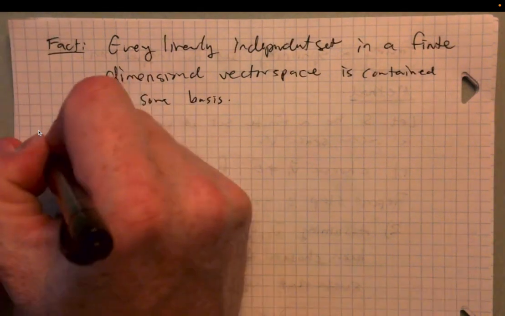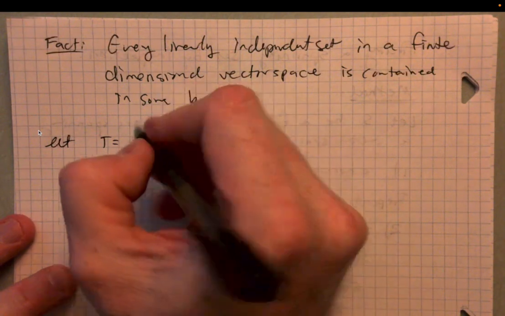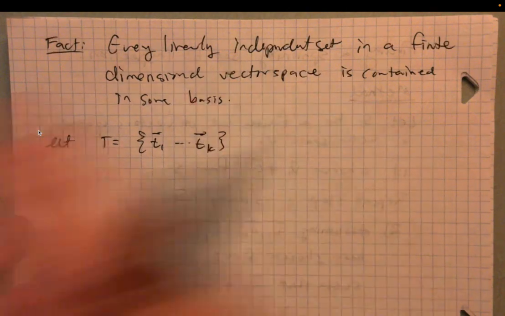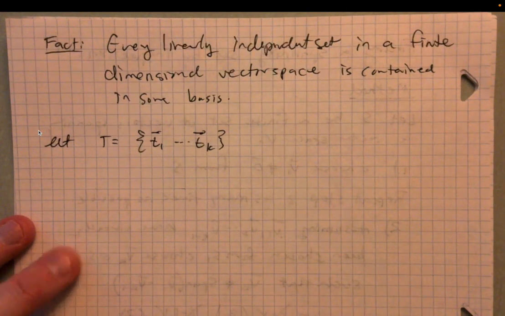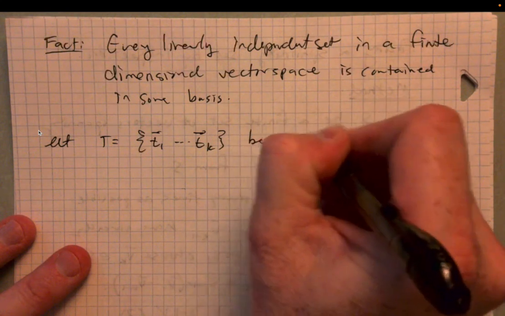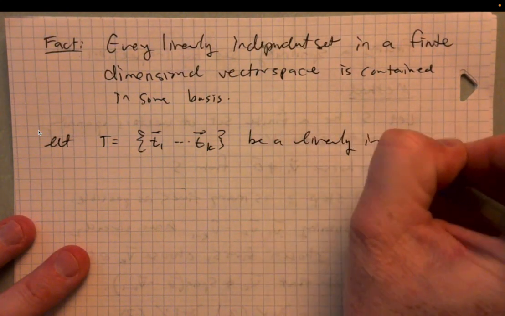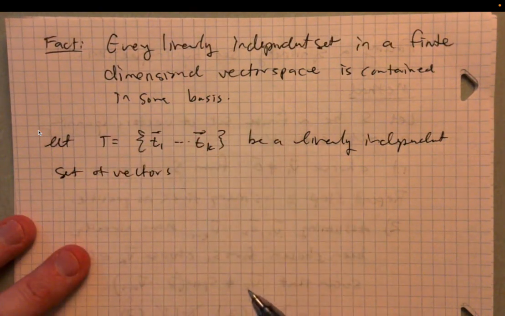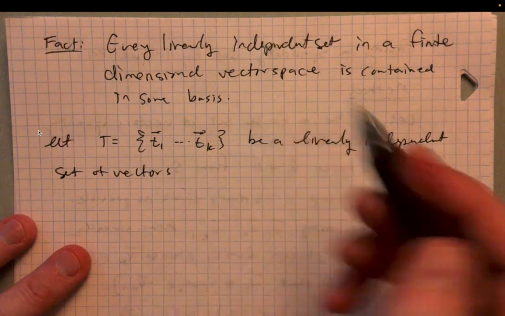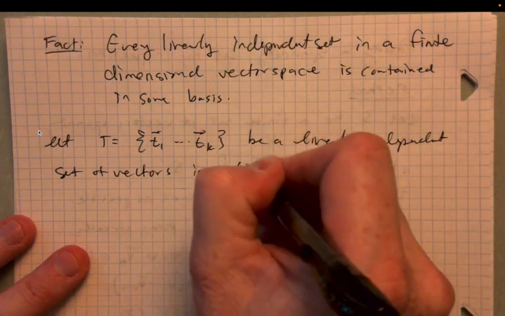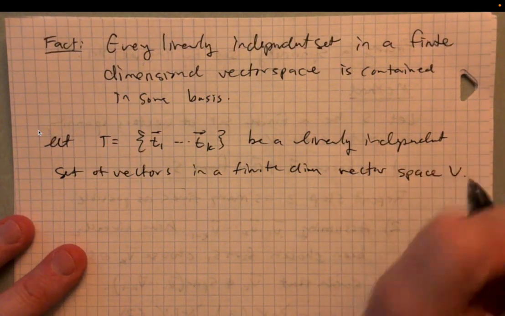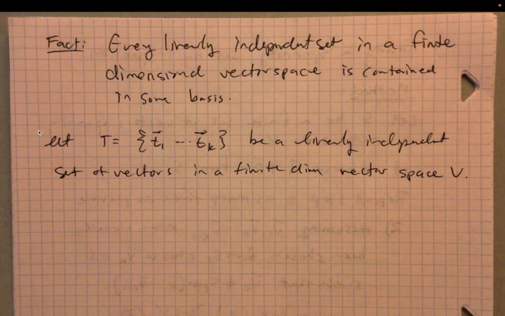So let's let T equal the set T1 through Tk of vectors. And we're going to let T be a linearly independent set of vectors in a finite dimensional vector space V. Now V, since it's finite dimensional, is going to have a finite basis.